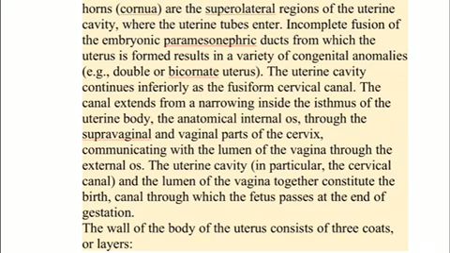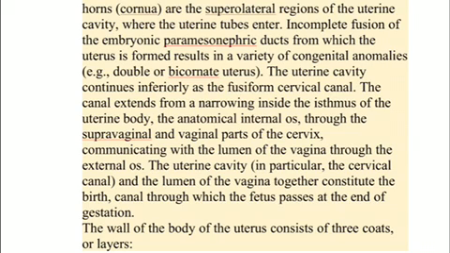The cervical canal, you really need to know, extends from a narrowed portion inside the isthmus of the uterine body, and this portion is called the anatomical internal os. So the cervical canal extends from the anatomical internal os through the supravaginal and vaginal part of the cervix, and the cervical canal communicates with the lumen of the vagina through what we call the external os.